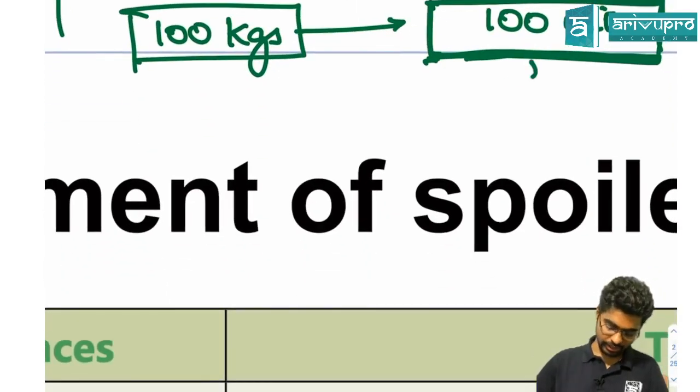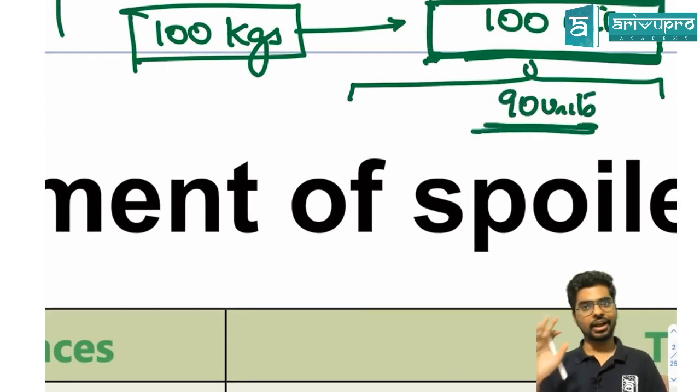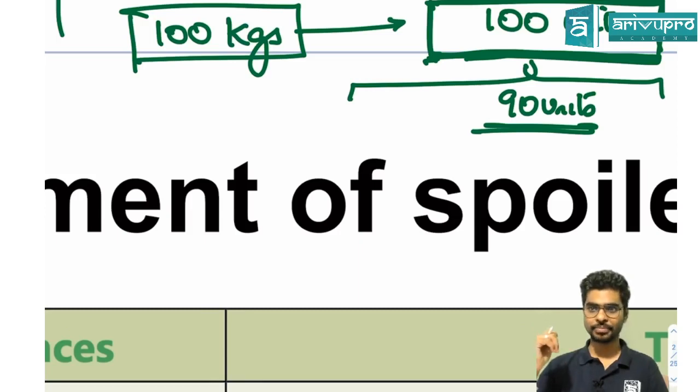Now what if my output was only 90 units? 100 kg should have given me 100 units of output, but I am getting only 90 units. Then is there a loss?